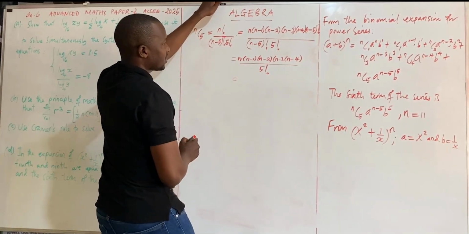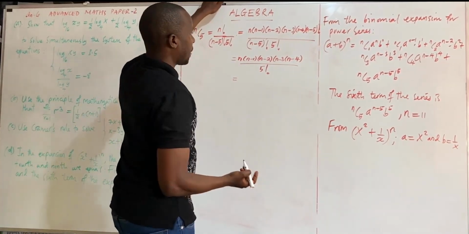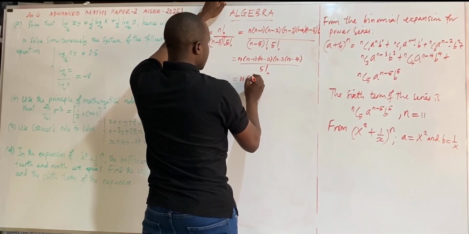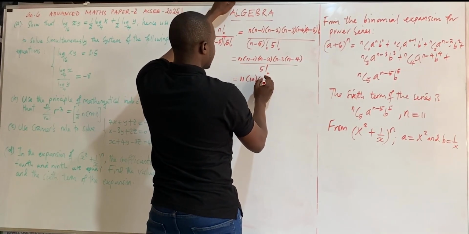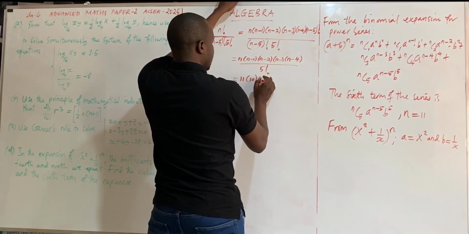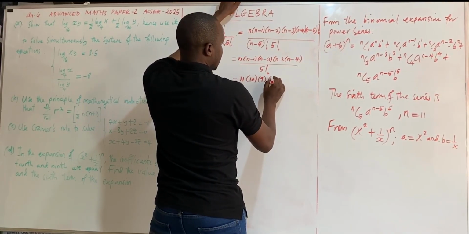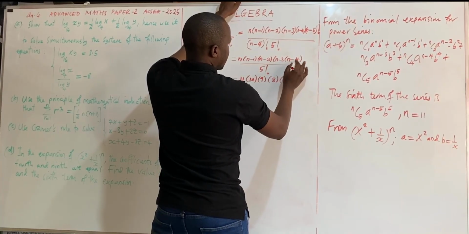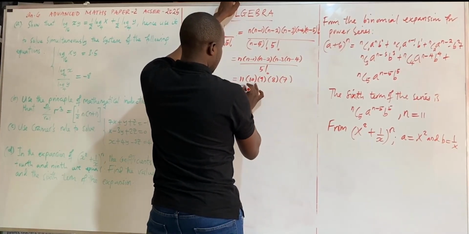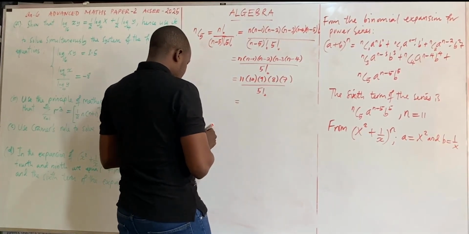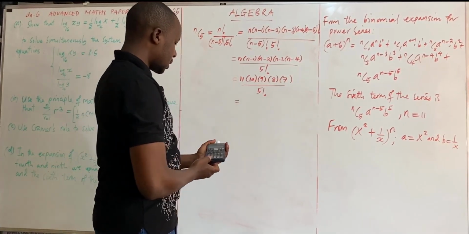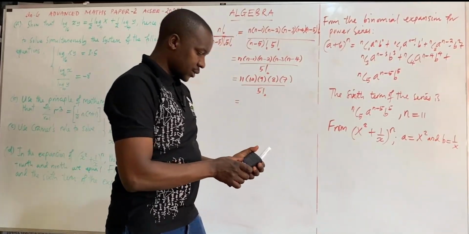So now our n, we know it is 11. So we plug in 11. 11 minus 1, we get 10. 11 minus 2, we get 9. 11 minus 3, we get 8. 11 minus 4, we get 7. Then we divide by 5 factorial. So now let's see through the scientific calculator what exactly we are going to get.